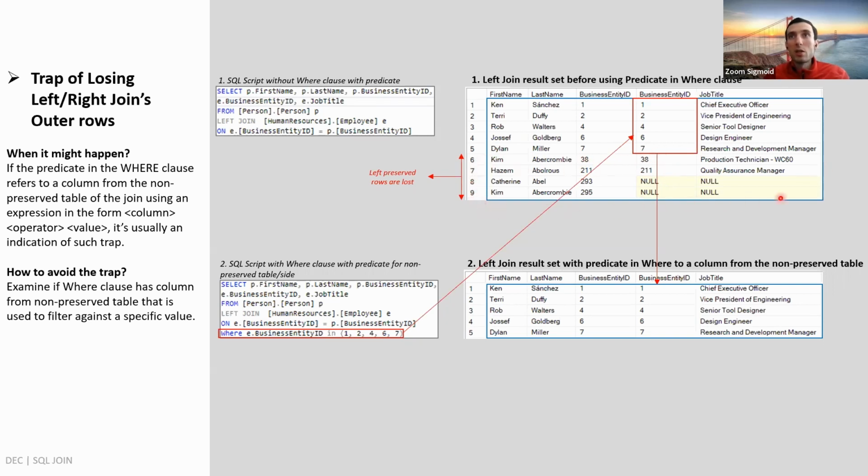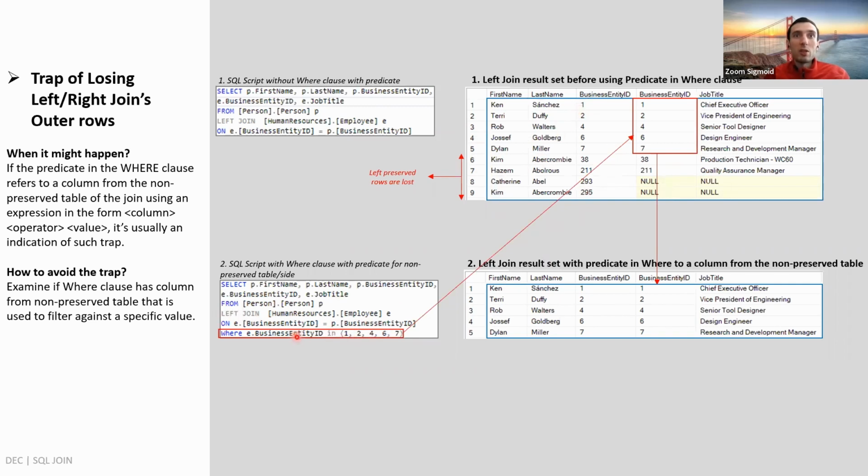They will be lost. Maybe you know that, maybe not, but sometimes when you want to finish something quickly, you can miss this part. You can write, for example, left join, you want to join on business entity ID, and you would like to see these IDs from the left table, but you want also to see the nulls. I mean, doing the left join, you assume that you will have all the rows from the left table, which is the person table.